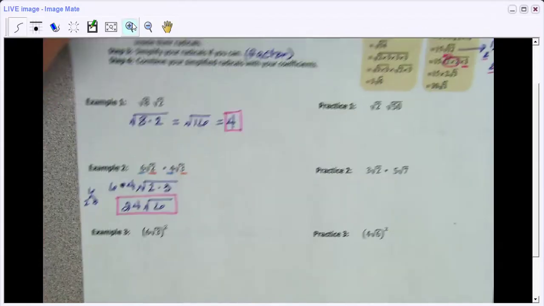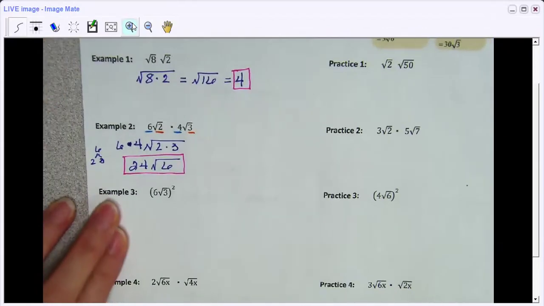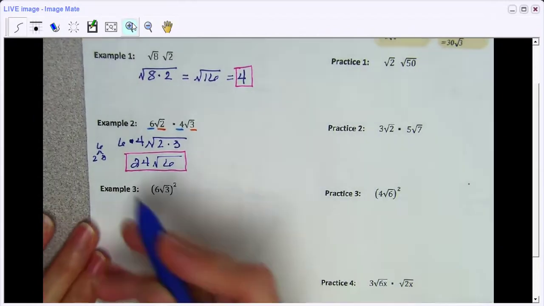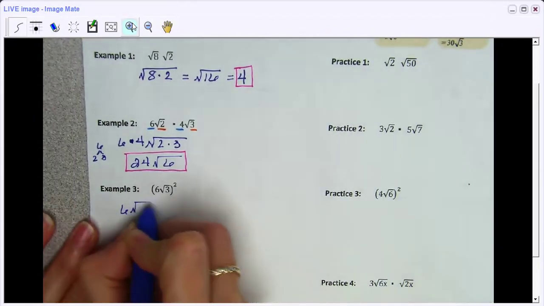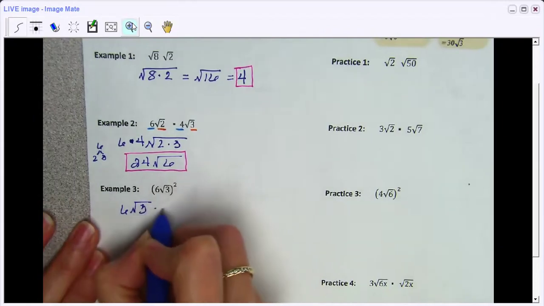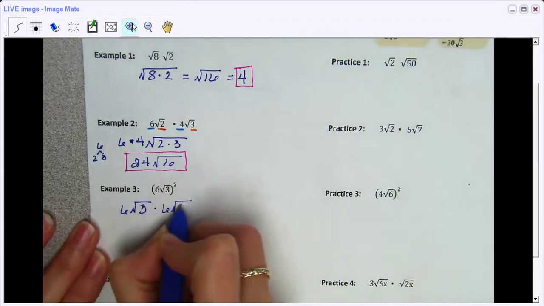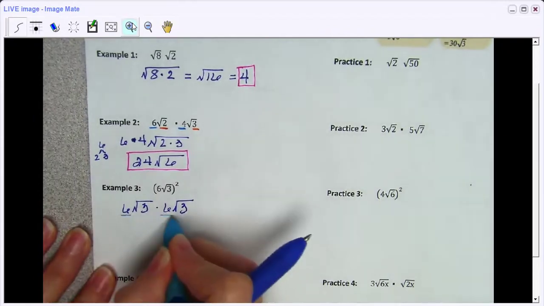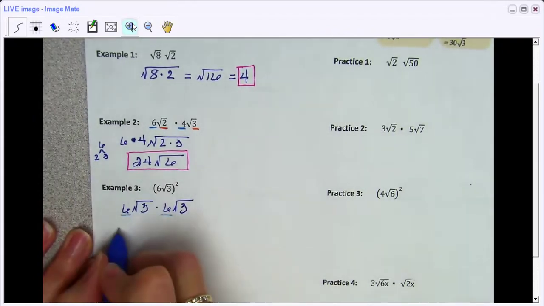For example 3, we have 6 times the square root of 3 in parentheses being squared. The way that you would write this out is 6 square root of 3 times 6 square root of 3. Again, you're going to take your two coefficients and multiply those together, 6 times 6.